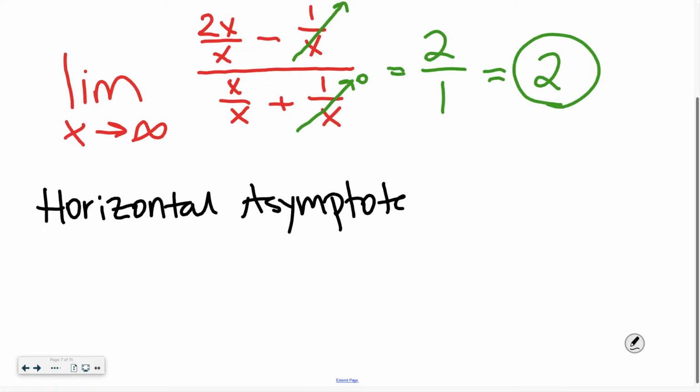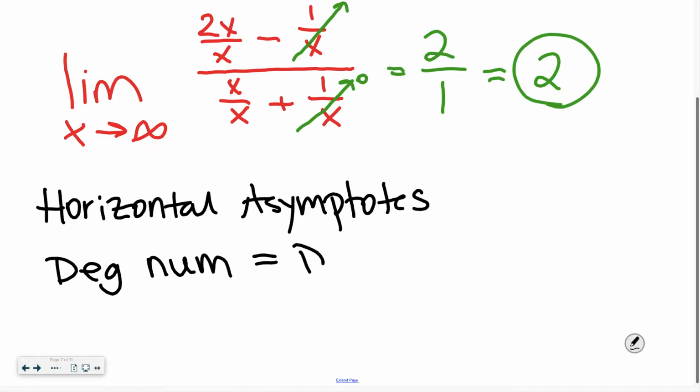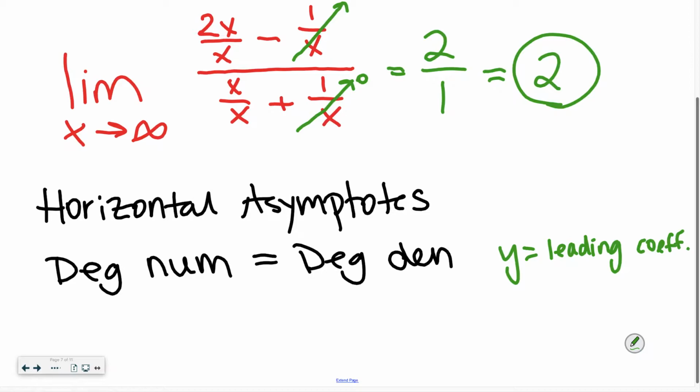Your horizontal asymptotes occur if the degree of the numerator is the same as the degree of the denominator, which is what just happened. Then we look at the leading coefficients of both the numerator and denominator. So in this case, it was 2 over 1. So y equals 2 is where our horizontal asymptote was.